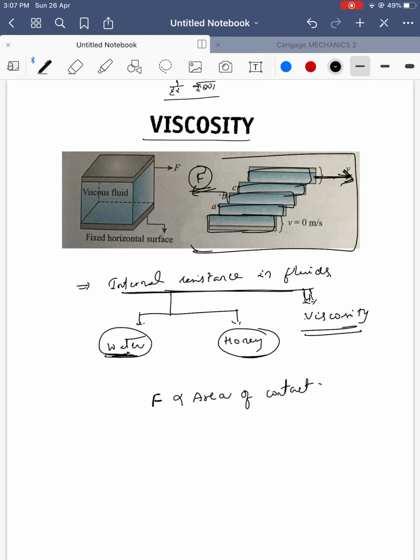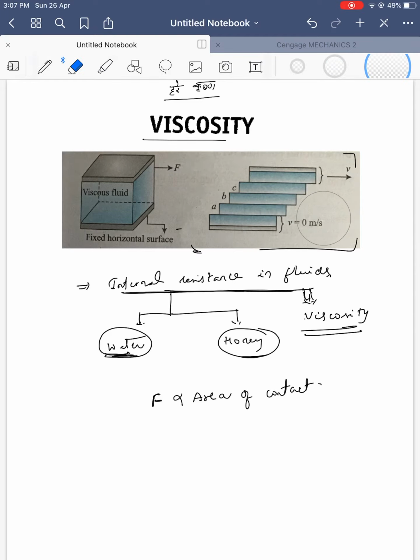Force is proportional to the area of contact. Now we are seeing this diagram. In this diagram, internally there are some areas, like rectangular blocks. The area which is in contact, the liquid layers are in contact.